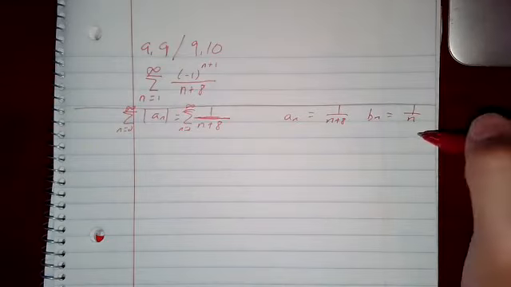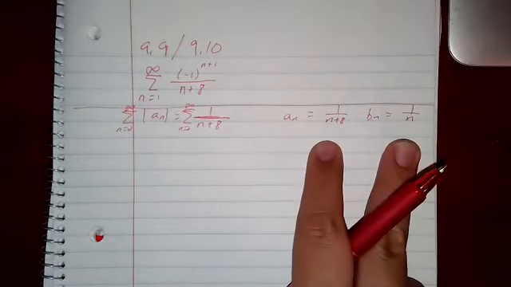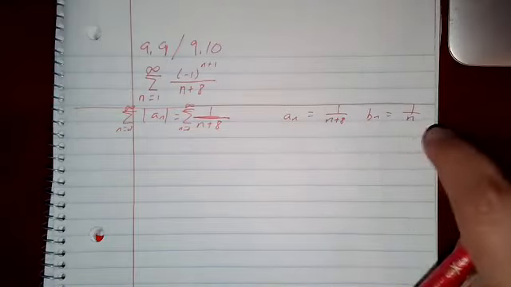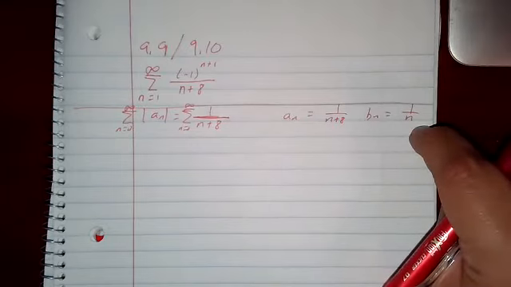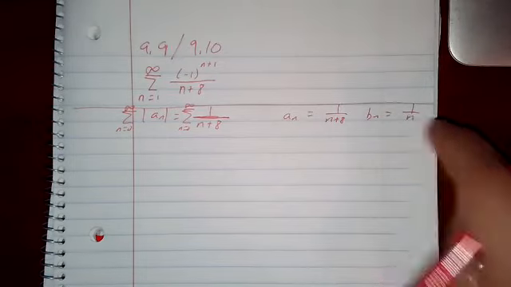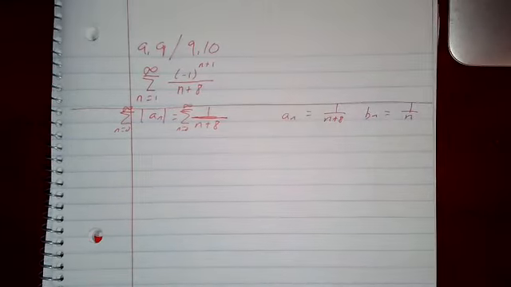So which one's bigger? a_n is going to be bigger. Is it? Wait, no, sorry, b_n's bigger, right? And we know that b_n diverges, right? Does that tell us anything about a_n?